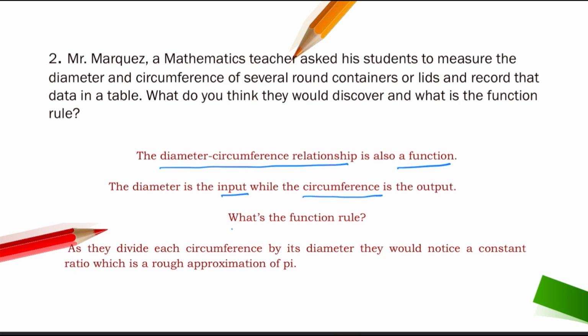So what is now the function rule? Observe that as they divide each circumference by its diameter, they would notice a constant ratio, which is a rough approximation of pi. And pi in symbol is approximately equal to 3.1416 and so on. Okay? And that is what they discovered and the function rule.